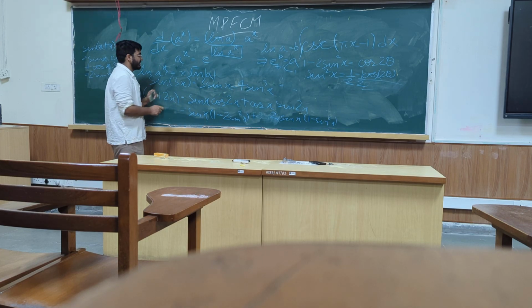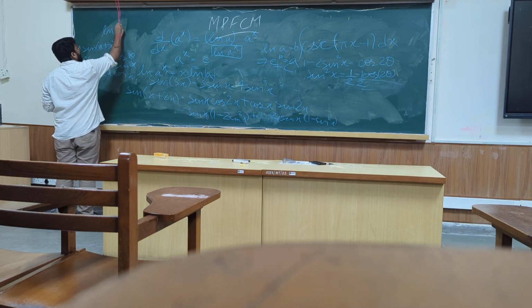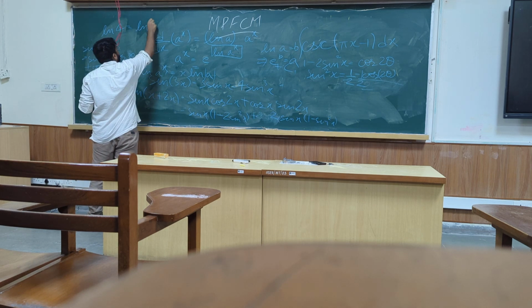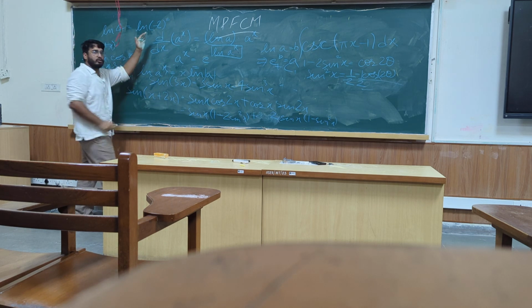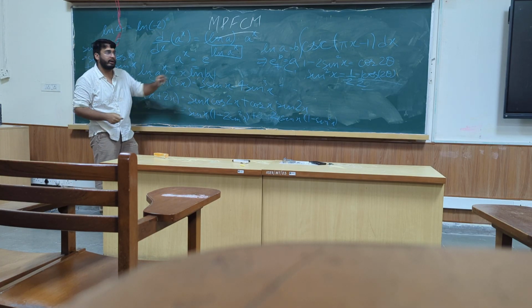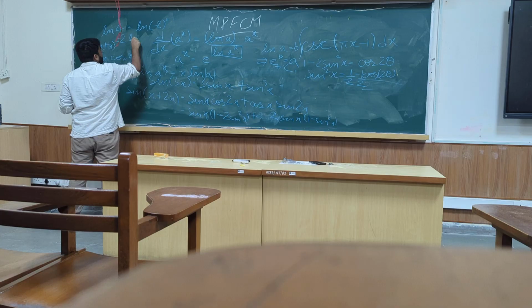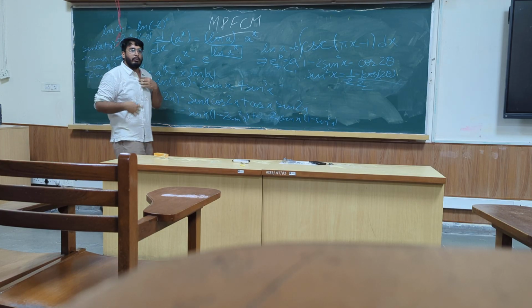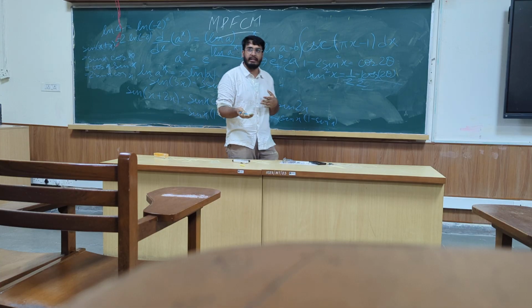For example, ln 4 is something which is defined, but I can write ln 4 as ln of (minus 2) raised to the second power, and then if I do not include the mod a here, I can write this to be 2 times ln of minus 2, but ln of minus 2 is not defined because ln is only defined for numbers greater than 0.